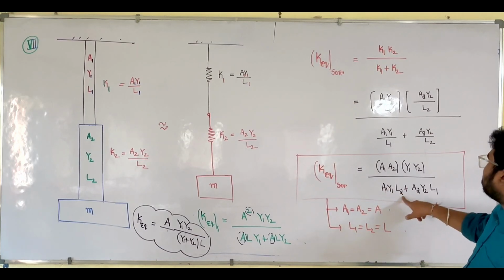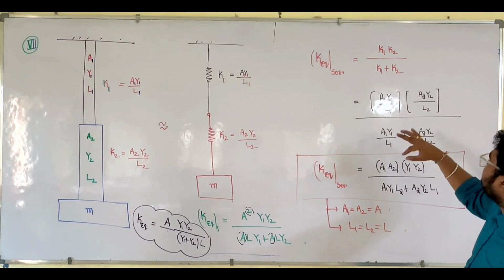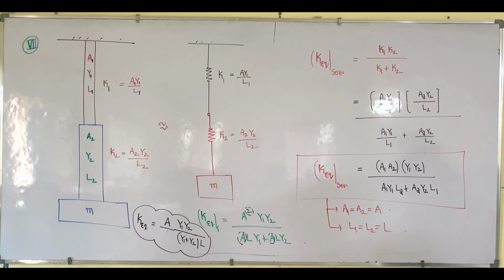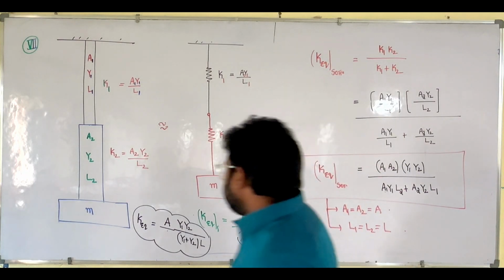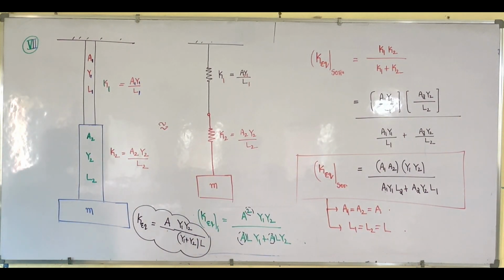A1 Y1 L2 plus A2 Y2 L1. L1 L2 A1 Y1 A2 Y2. Okay, A Y1 Y2 by Y1 plus Y2 completed.